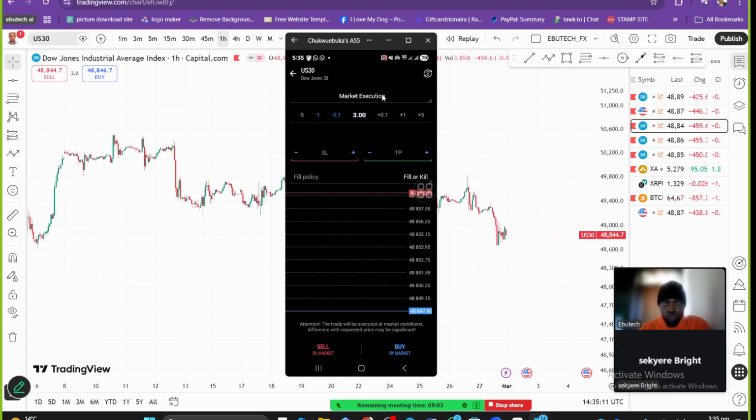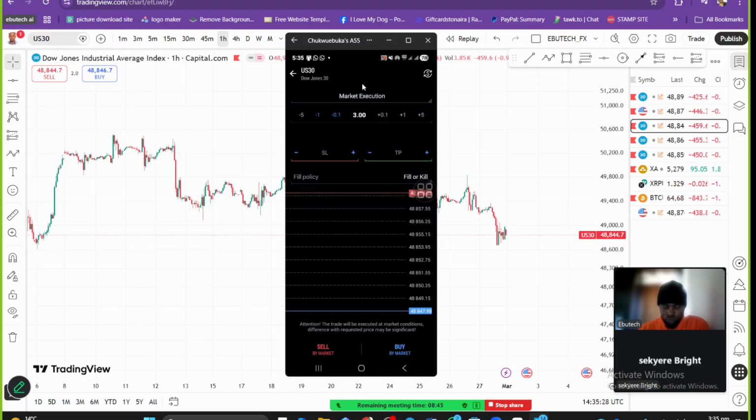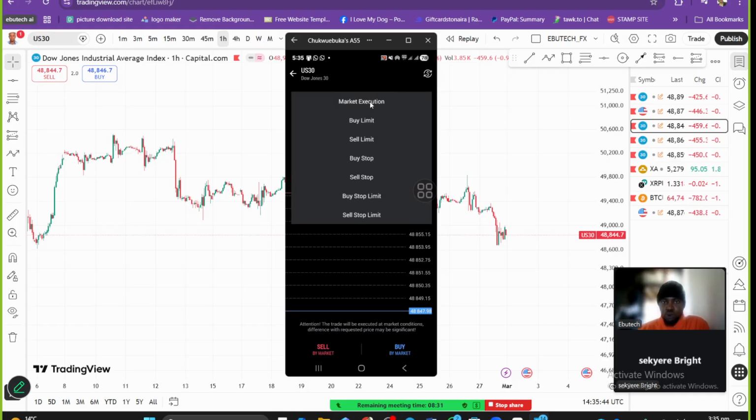See what I'm saying? I'm showing you here. Market execution. I want to explain this for you. Open it. When you click on it, you see market execution. You see buy limit, sell limit. Once you click on market execution, another pop out will come up.